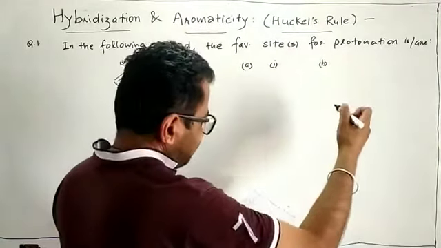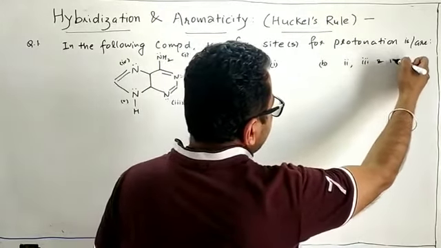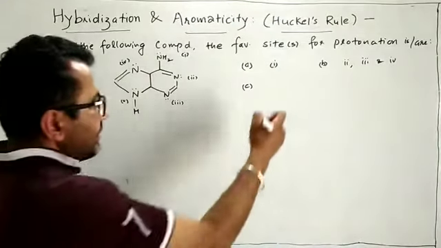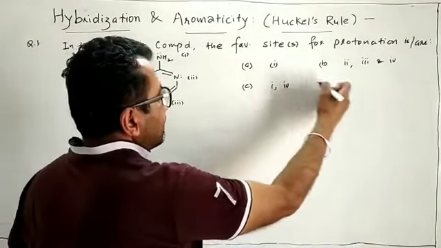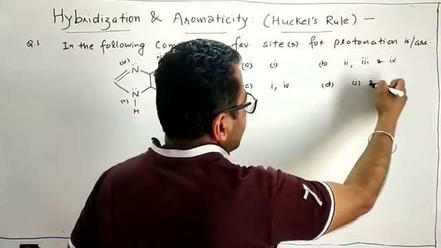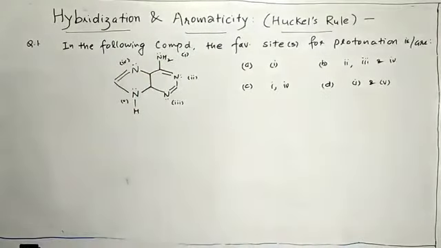Option B, 2, 3 and 4. Option C is 1 and 4, and option D is 1 and 5. So this is the question.